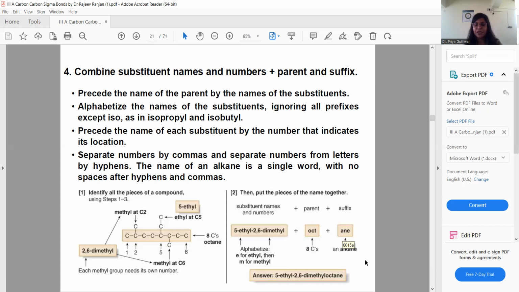Plus ane. Ane is a suffix denoting the functional group, like alk plus ane, alkane, which is denoted by single sigma bonds in alkanes. So the answer is: the name of this alkane is 5-ethyl-2,6-dimethyloctane.